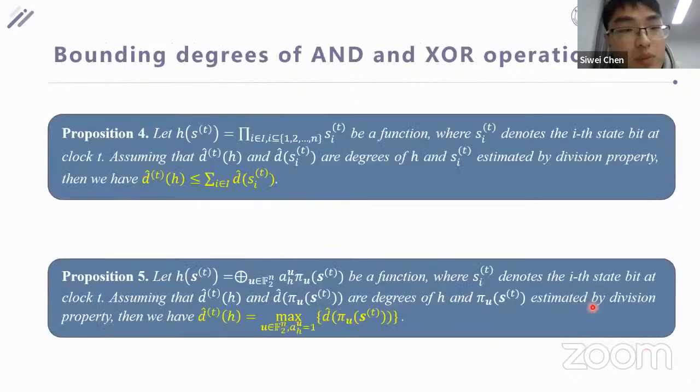We first propose two bounds on the DP degrees of AND and XOR operations, as illustrated in proposition 4 and proposition 5.